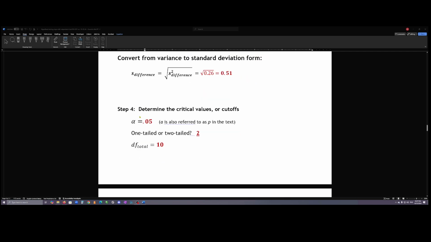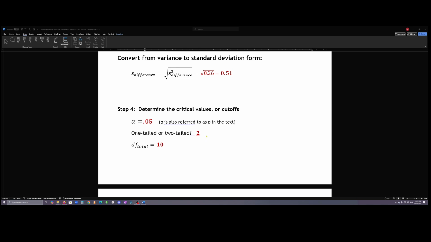Now, step 4, determine the critical values or cutoffs. So, of course, we have to figure out what alpha would be, and we typically put it at 0.05, so a 5% chance of making a type 1 error. The next piece that's important is whether or not it's a one-tail or two-tail test.